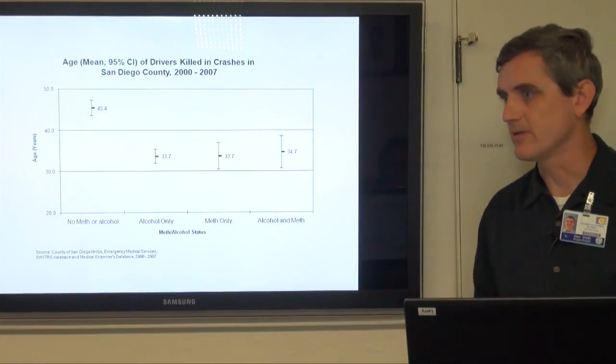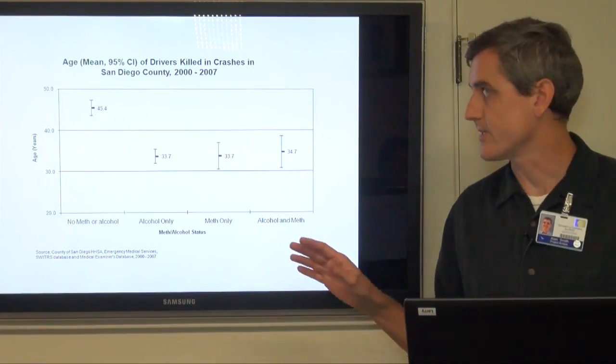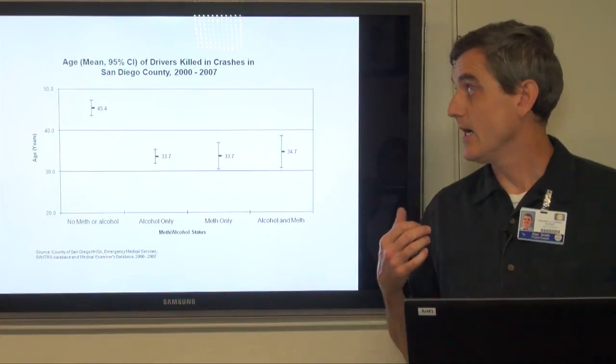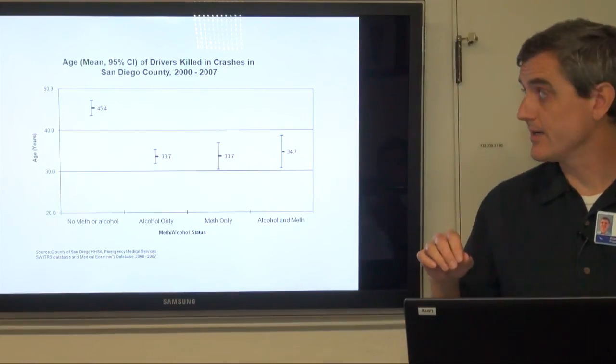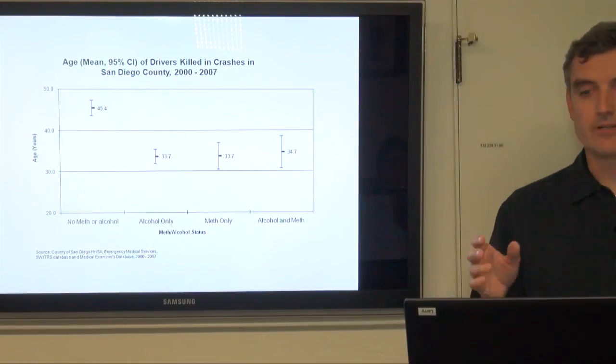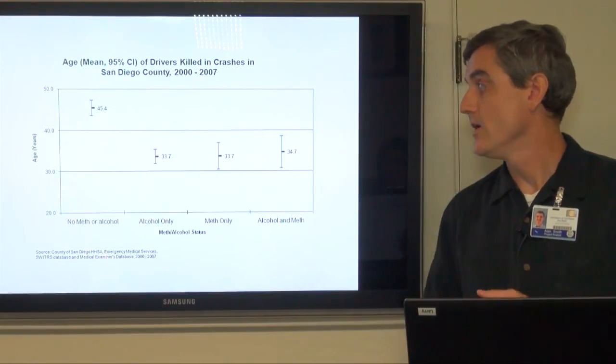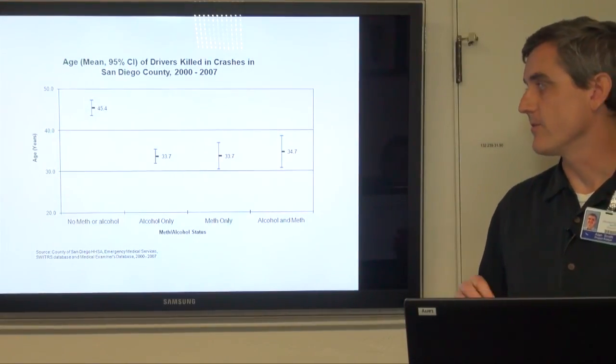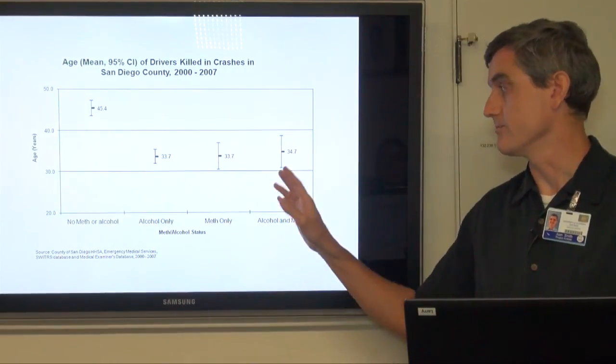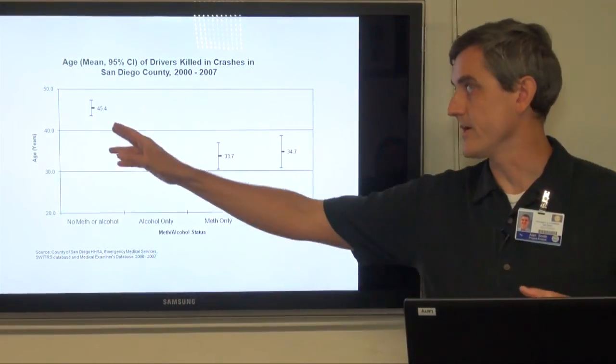This is just an example of some confidence intervals I put together for a study I did a while ago on drivers who were killed in motor vehicle crashes, looking at the age of the driver according to whether they tested positive for alcohol or meth, or both alcohol and meth, or neither.